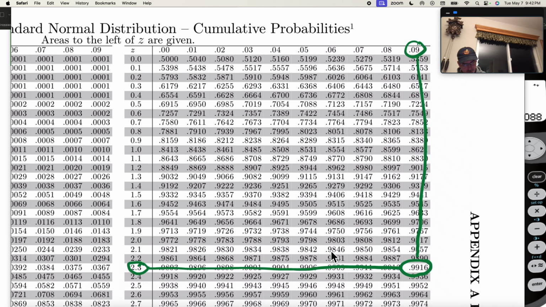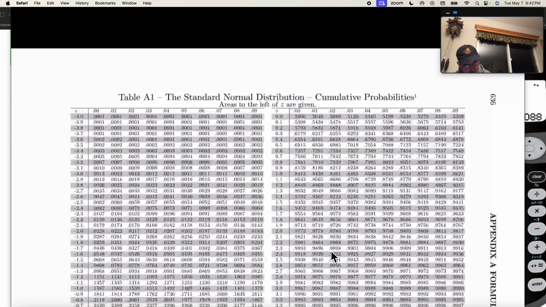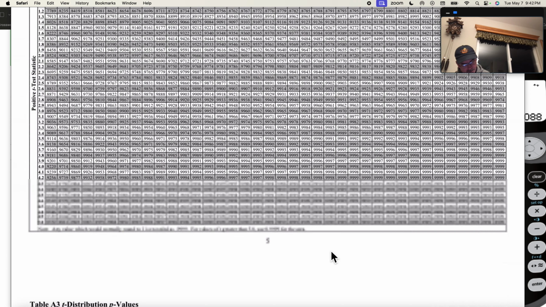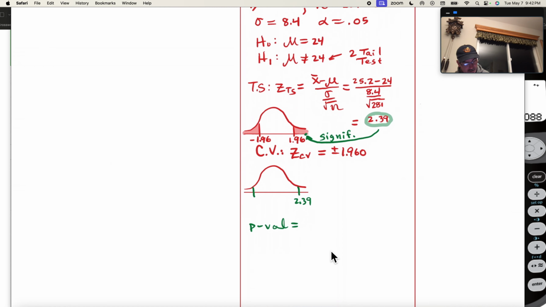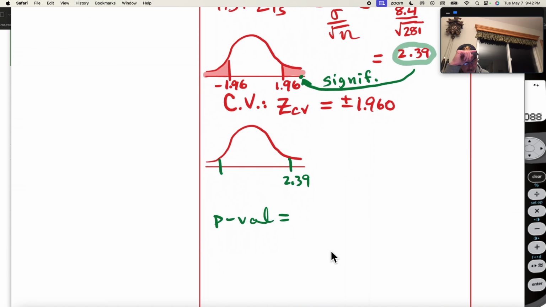So don't forget, 0.9916. That's the area to the left of 2.39. We need the area to the right. So this is going to be 1 minus 0.9916. Like that. So let's figure out what that is.